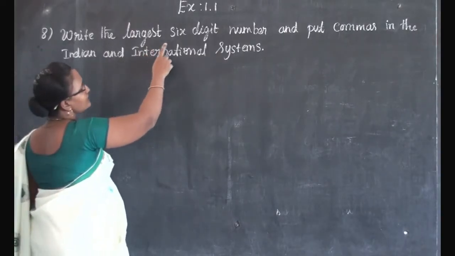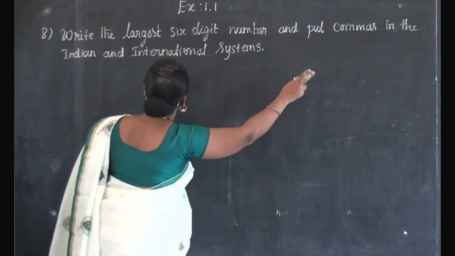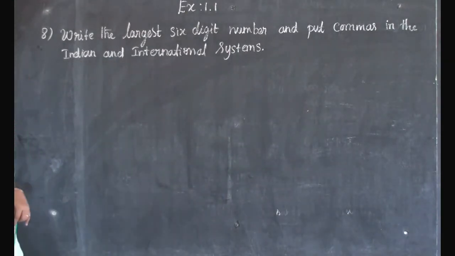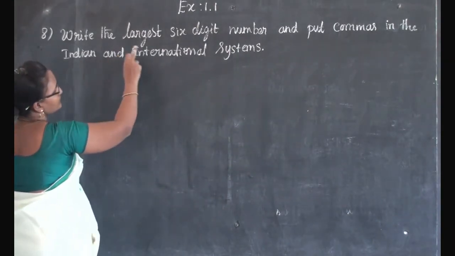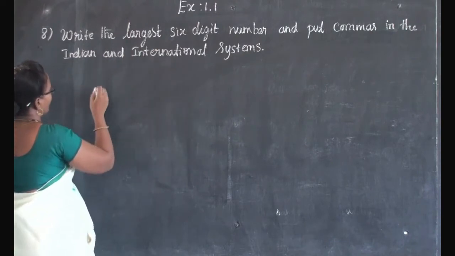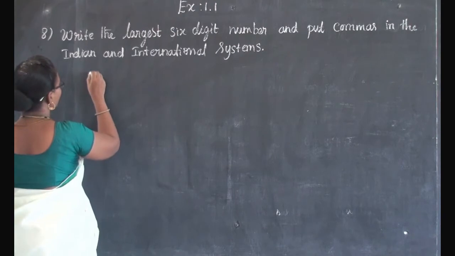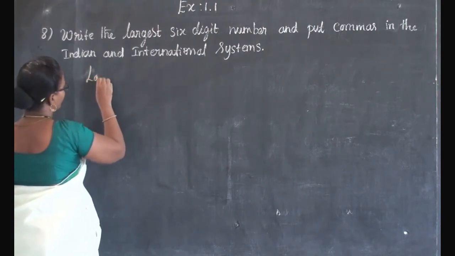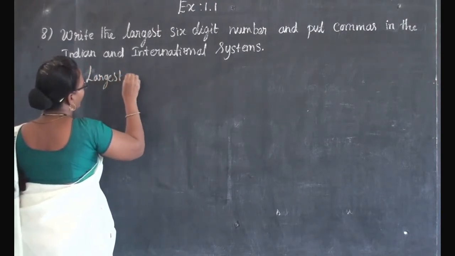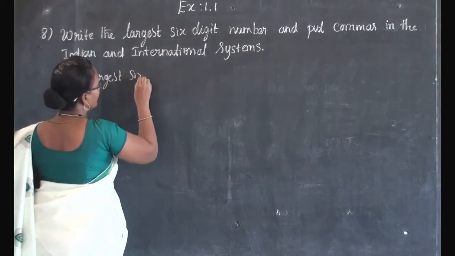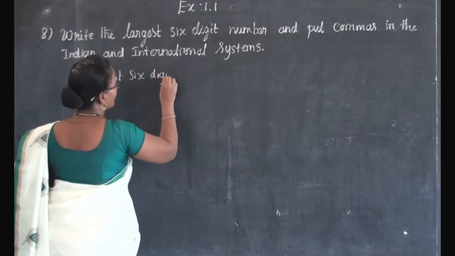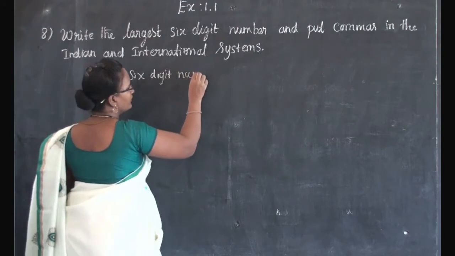Now the eighth one. Write the largest 6-digit number and put commas in the Indian and international systems. What is the largest 6-digit number?